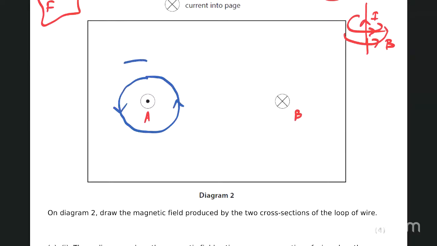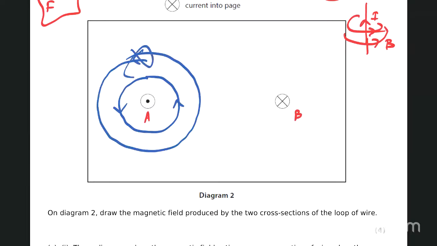So around A, this is wrong here, I'm going to erase it. So here you will be getting a magnetic field like this.